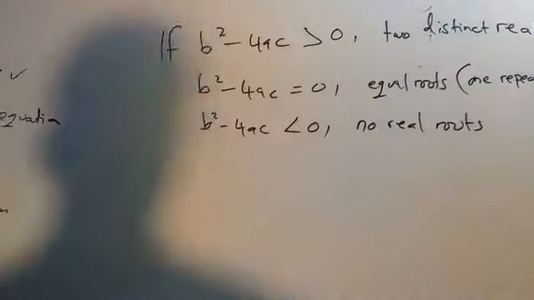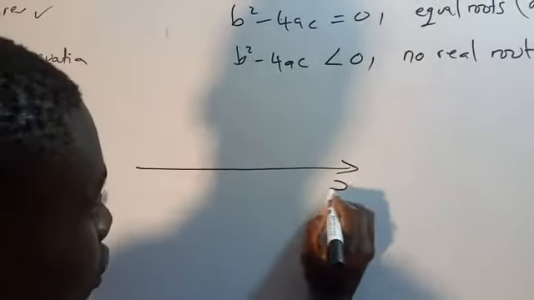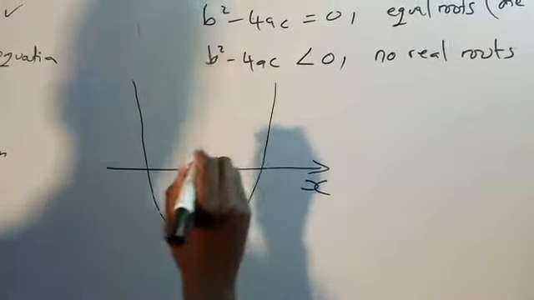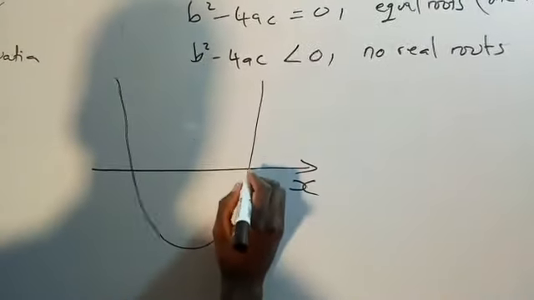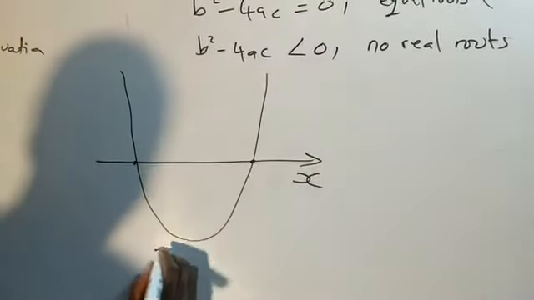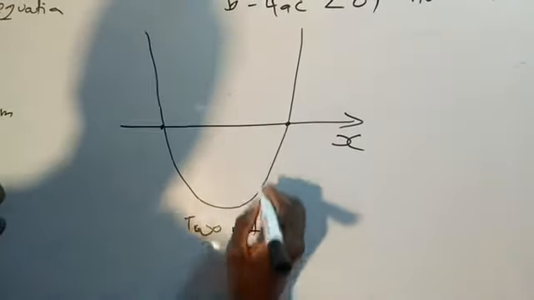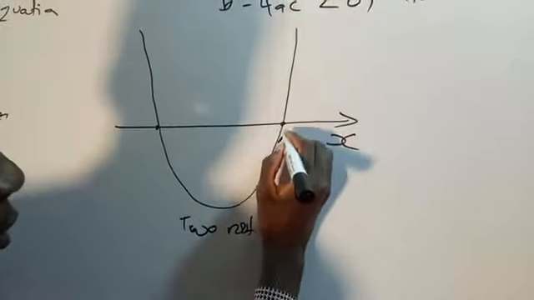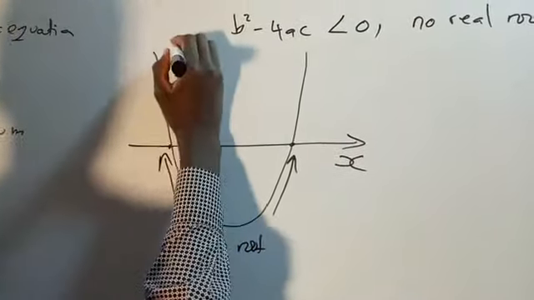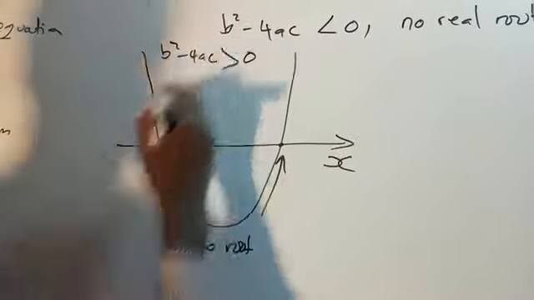If you make a graph like this, it means this graph has two roots, which are here and another one here, becoming b squared minus 4ac greater than 0.